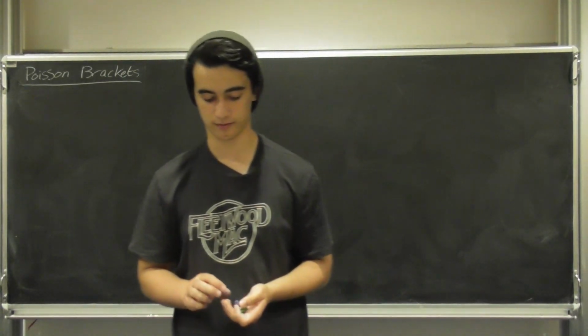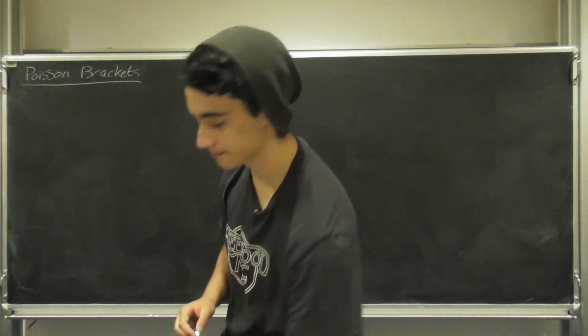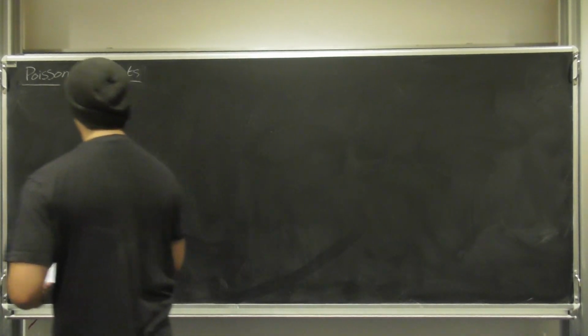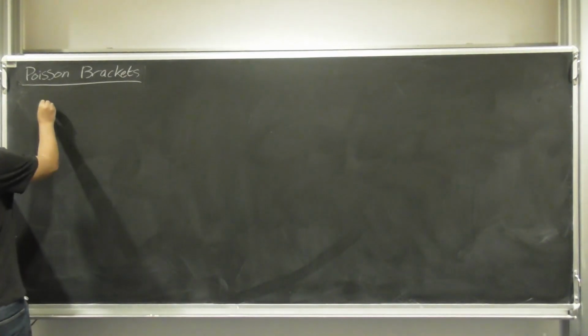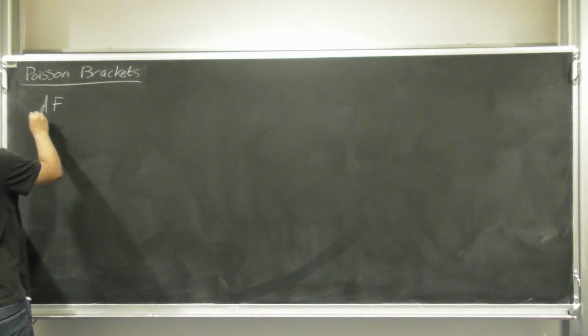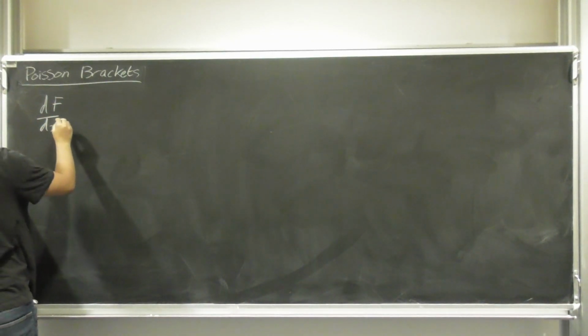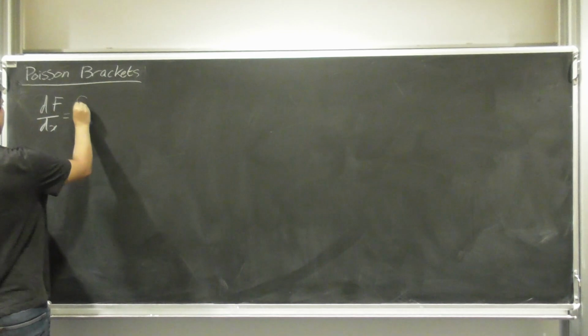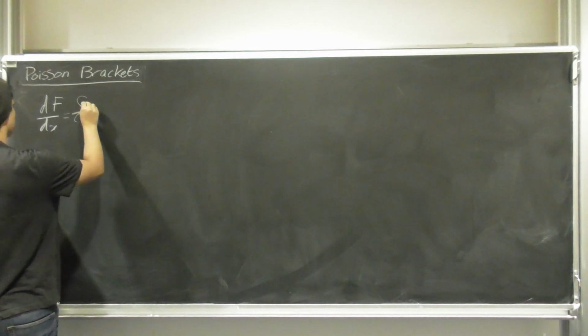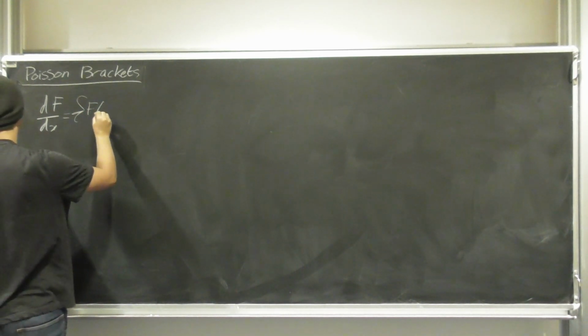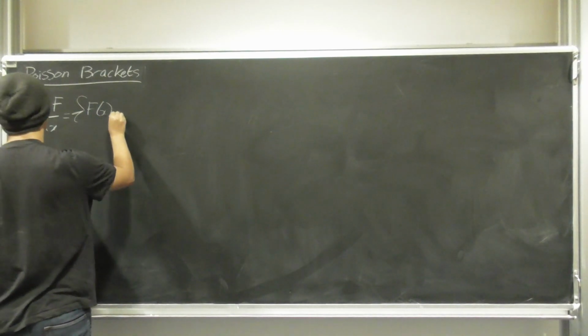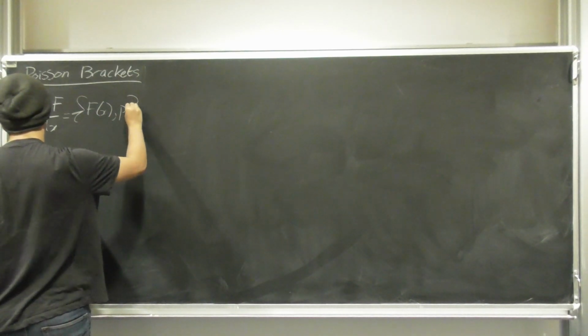So if we remember, for some function f, which is a function of x and p, we can have df dx as the Poisson bracket of f with p.